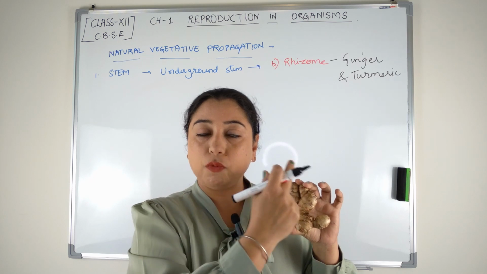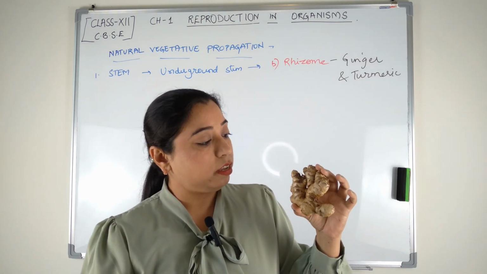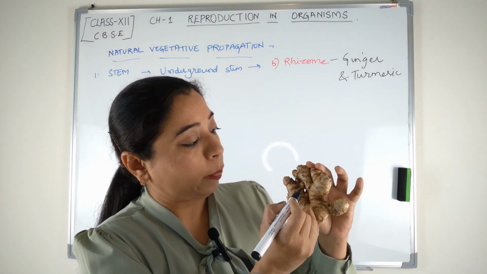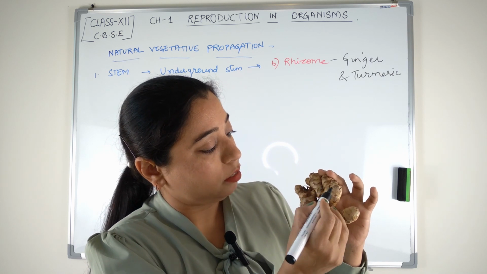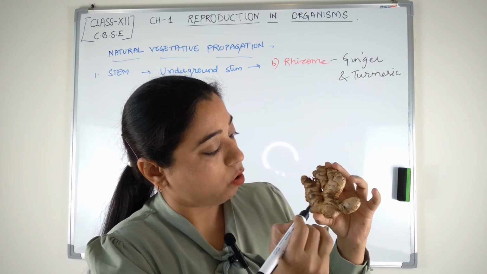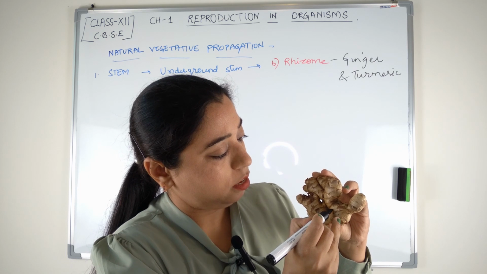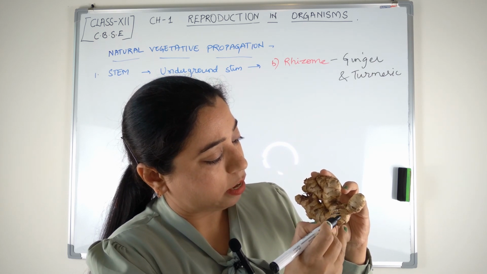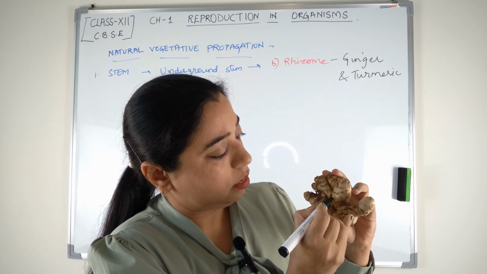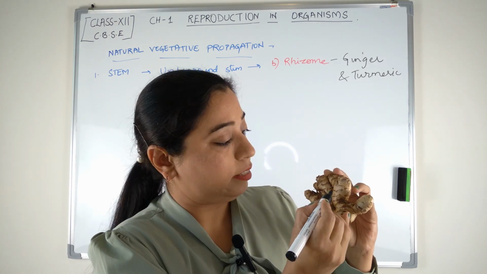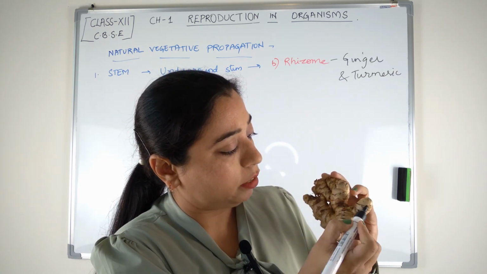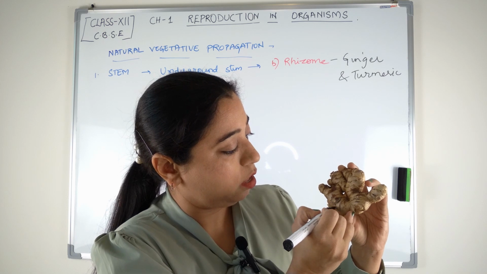This is a rhizome of a ginger. If you can see on its surface, there are some distinct lines all over the surface. Can you see these? This line, this line, this. These circular lines are nothing but the nodes, okay?